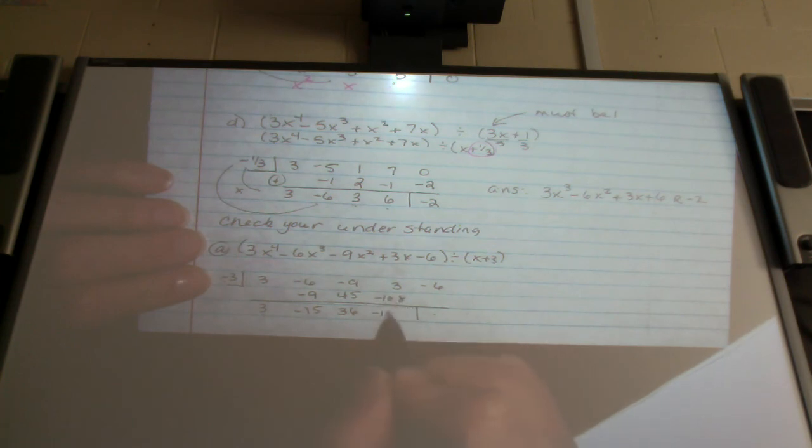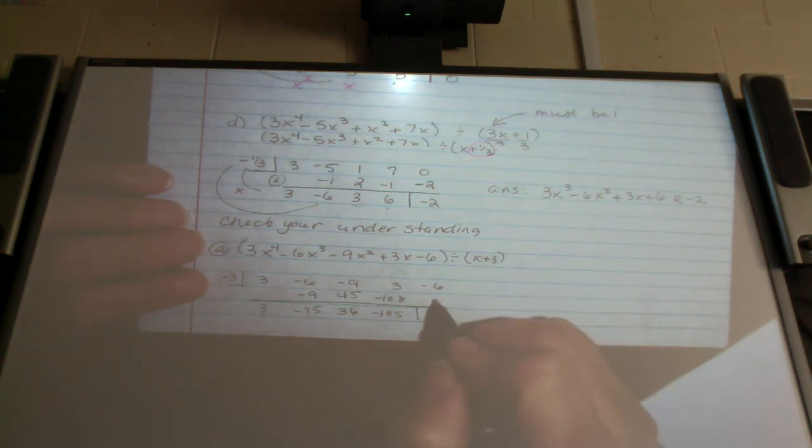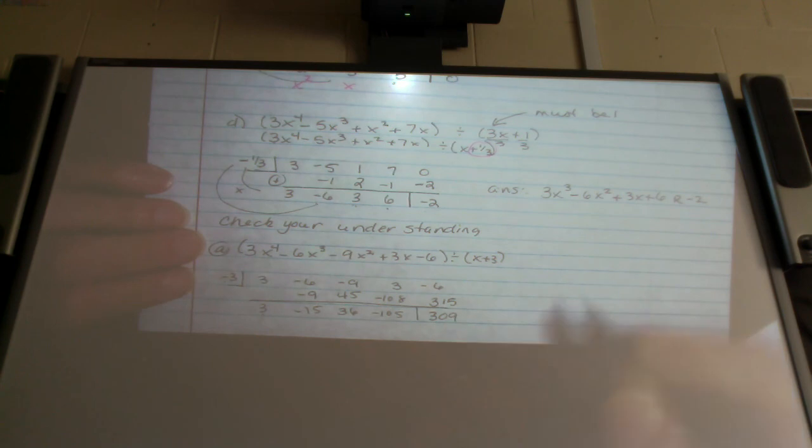Add them up, we get -105. -105 times -3 is 315. Add them up, we get 309. So it's 3x cubed minus 15x squared plus 36x minus 105 with a remainder of 309.